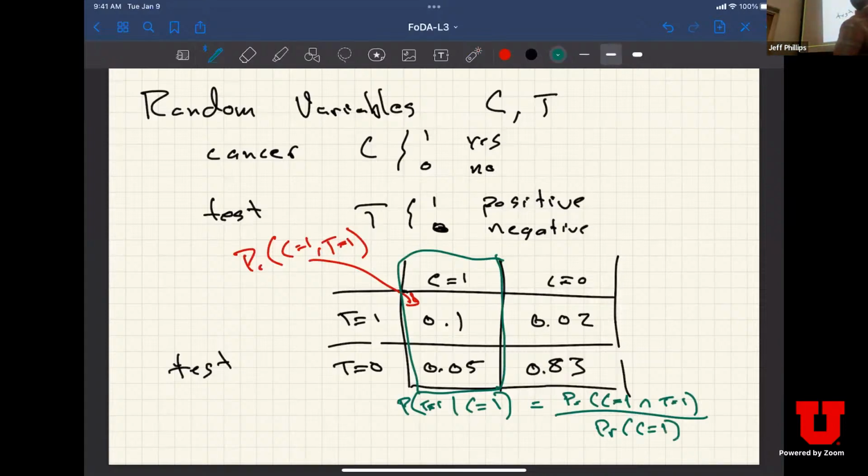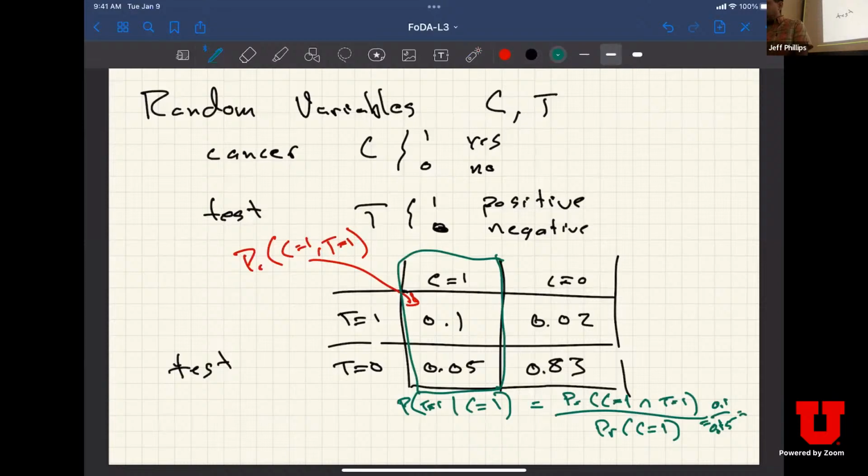So we're restricting to this probability space, and this is only 0.15 or 15% of the total probability inside this green area here. So we're looking at the intersection and dividing that by the probability that we're restricted to, and this is 0.1 over 0.15.